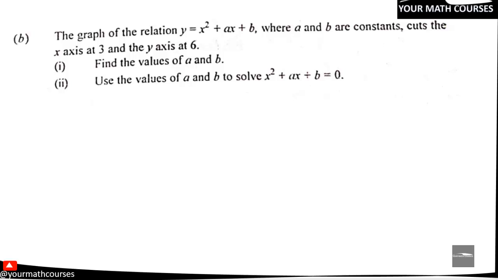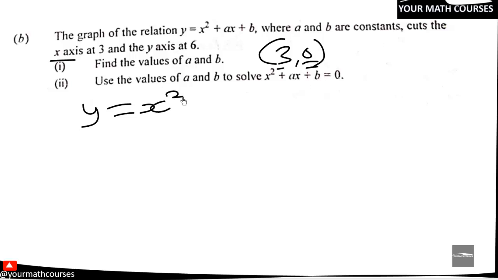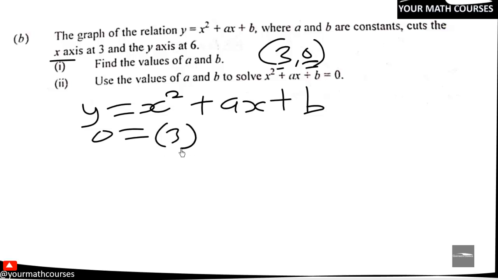So if the graph cuts the x-axis, the x-intercept in this case will be 3, 0. So we can see that x equals 3, y equals 0. We have y equals x squared plus ax plus b. So when y equals 0, we have 0 equals 3 squared plus a times 3 plus b.